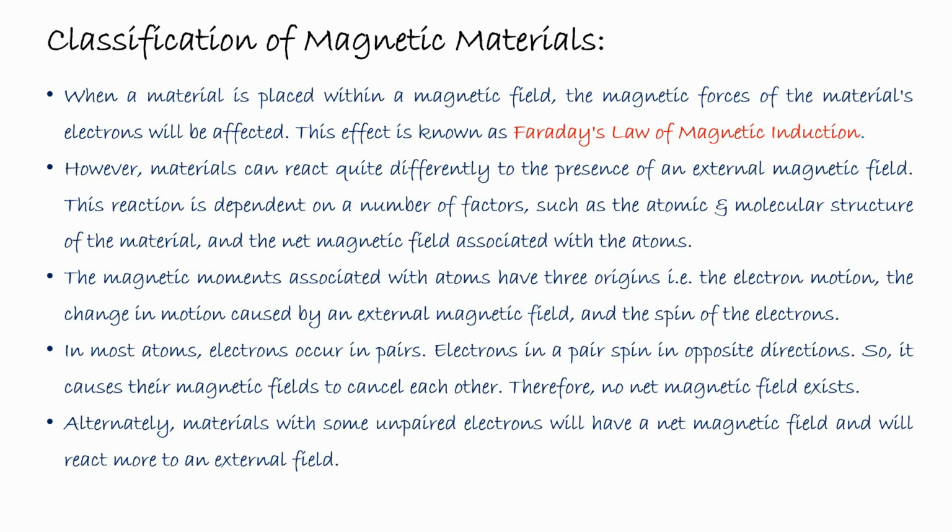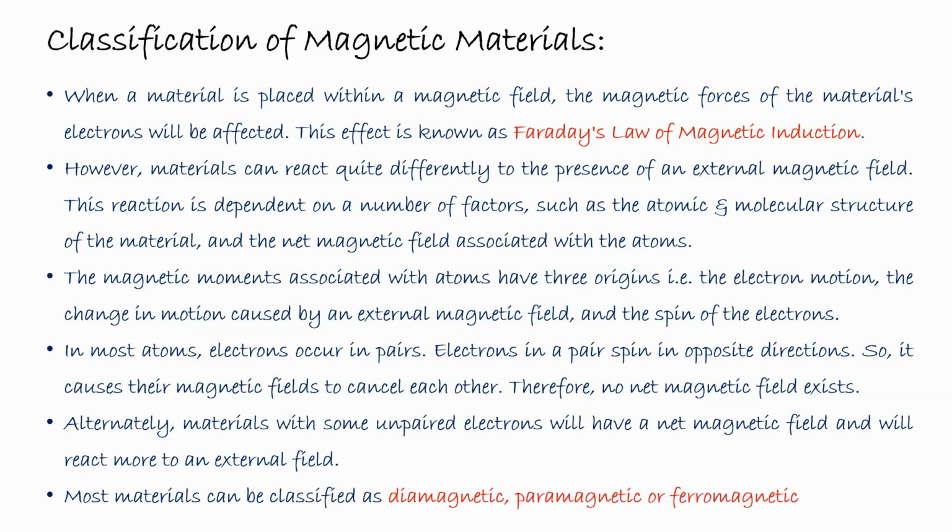So if we apply an external magnetic field, then this material can easily react. Depending upon their reaction to the external magnetic field, materials are classified into three types. First is the diamagnetic material, second is the paramagnetic material, and third is the ferromagnetic material. So let's discuss one by one.